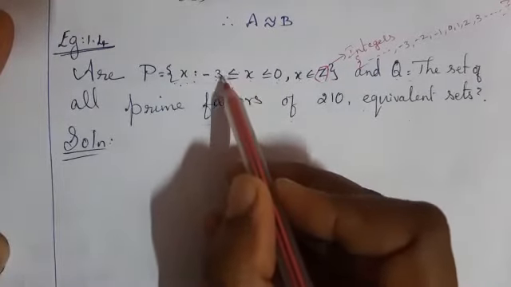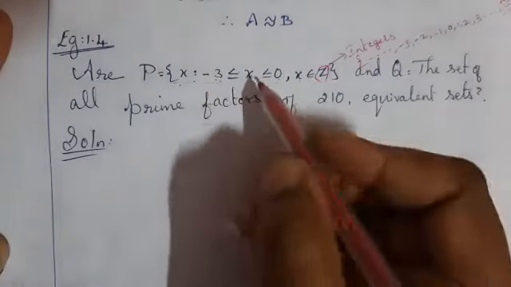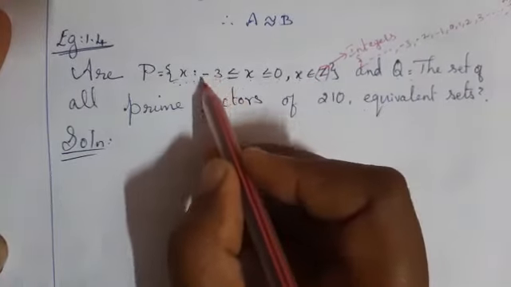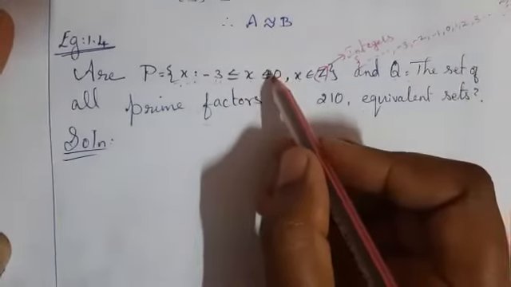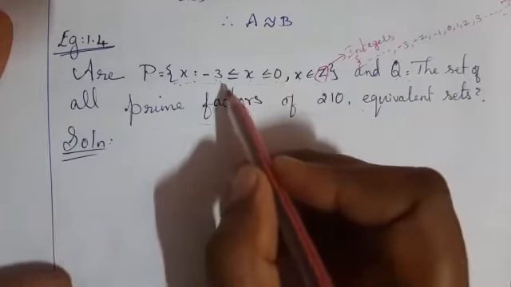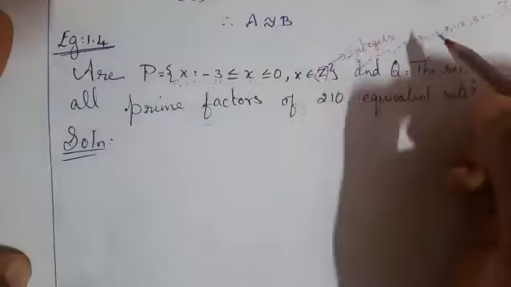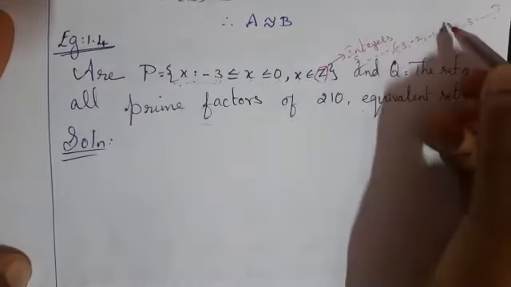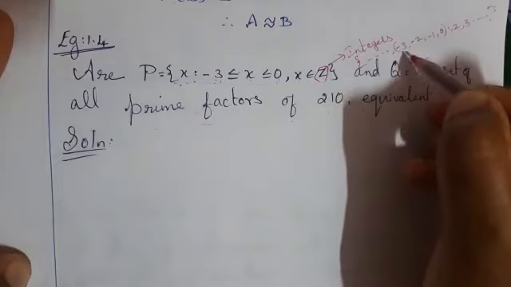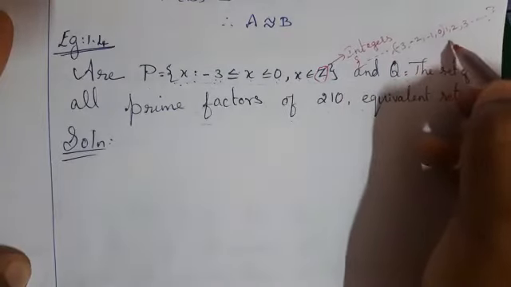Less than means you do not include the number minus 3. Here it is less than or equal to, therefore you must include minus 3. Here also it is less than or equal to, therefore you must include 0. Therefore it starts from minus 3 and ends with 0. What are the elements in the set capital P? -3, -2, -1, 0.